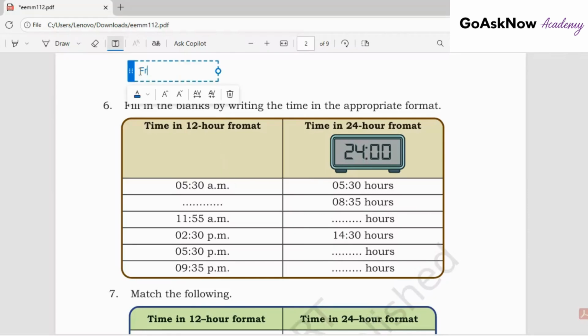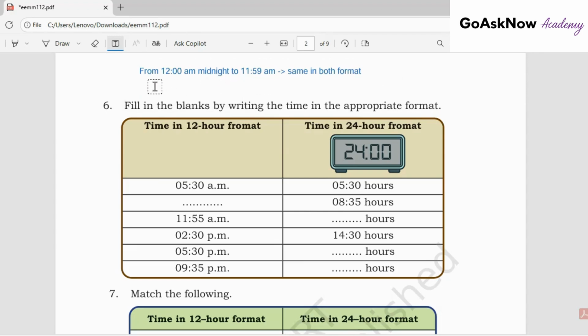Here, from 12 a.m. midnight to 11:59 a.m. is the same in both formats, which is okay.